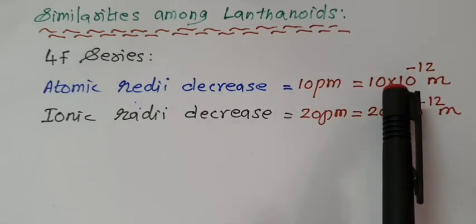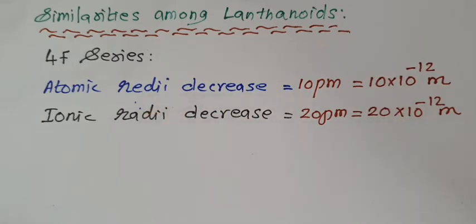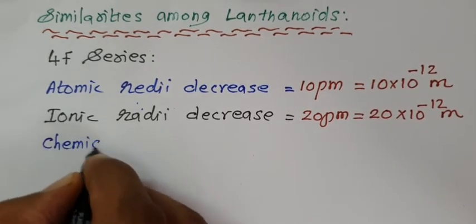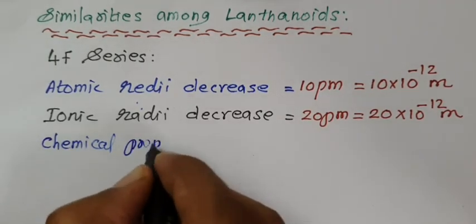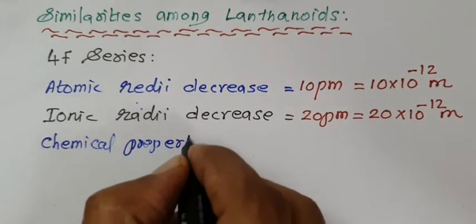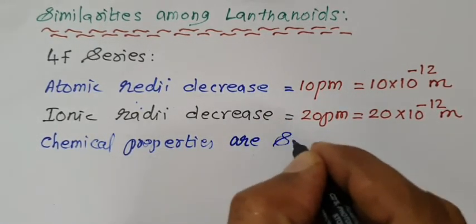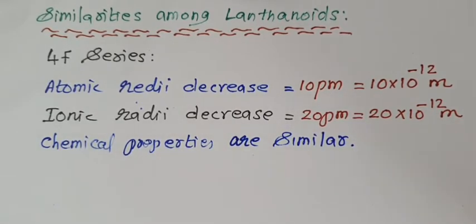Because of this very small change in the radii of lanthanides, their chemical properties are quite similar. Which properties? The chemical properties of all the lanthanides are similar. This is due to only the lanthanide contraction.